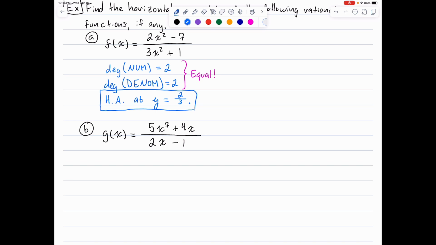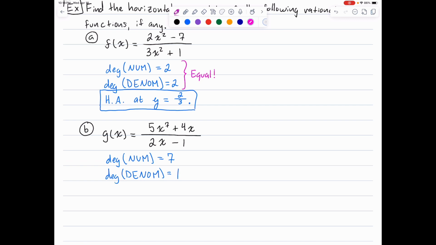So we need to find the degree of the numerator. Take a look, make a guess. Yes, it's 7. And then the degree of the denominator. Pause the video if you need to, look at the denominator, make a guess of what the degree is. It's 1.